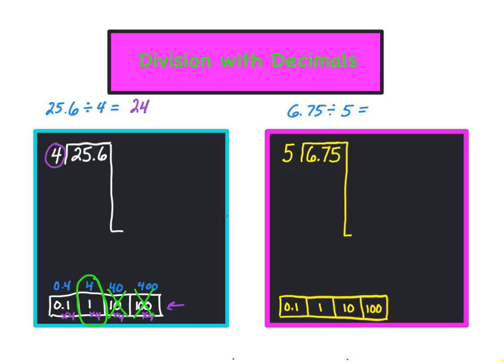Now this doesn't follow a basic rounding rule, but with division we're just looking to get close, and the best thing to do would be to try to use friendly numbers, so numbers in the same fact family. Okay, you might also have decided to turn it to 28. Both 24 and 28 are close to the 25 6/10.